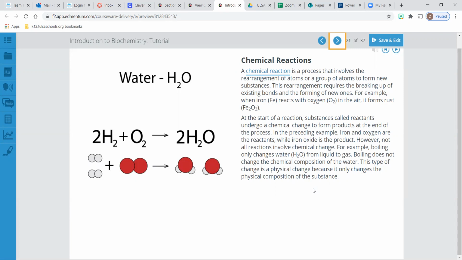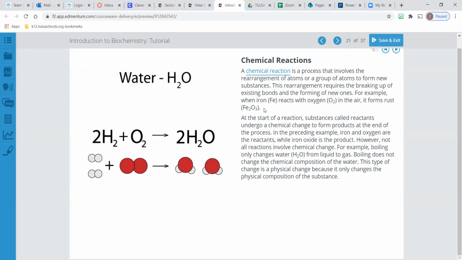So we are given an example: when iron reacts with oxygen in the air, it forms rust. And that is the way we write that out in scientific terms with the elements.